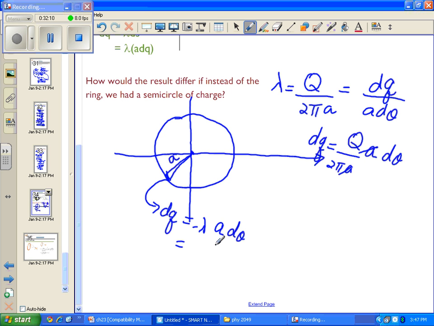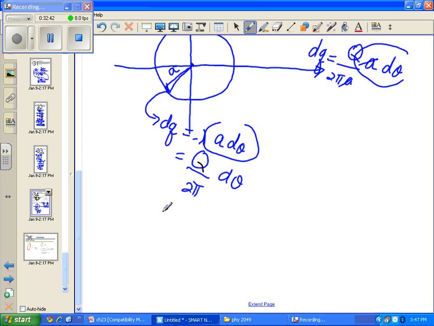So here, dq can be written as simply big Q over 2 pi times d theta. The a d theta here got canceled out because there was an a here that would cancel, this a canceled that a, and this is the same d theta as we've seen here. And so the whole thing just works out to be d theta right here. So dq is given by this value right here.